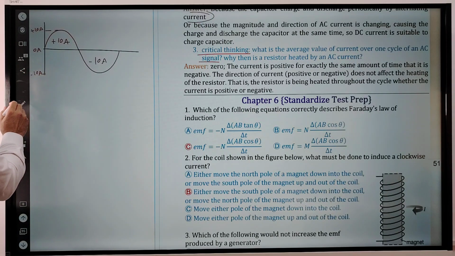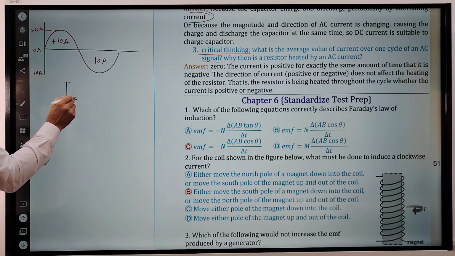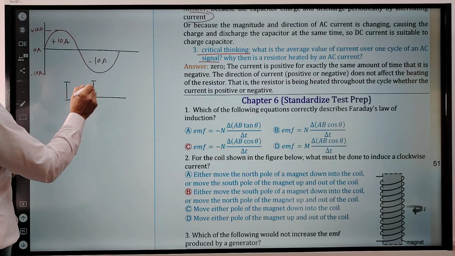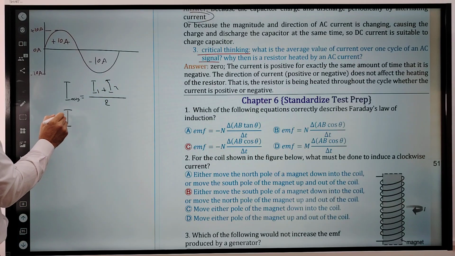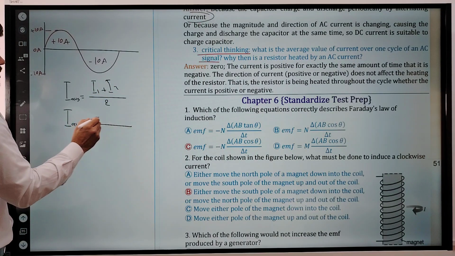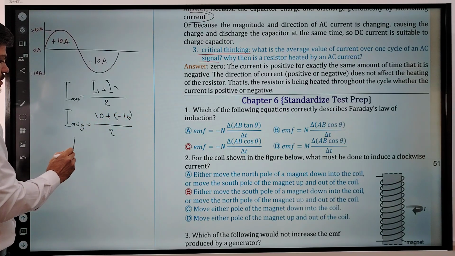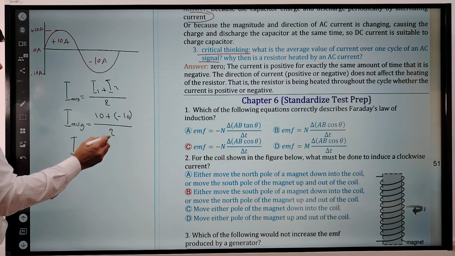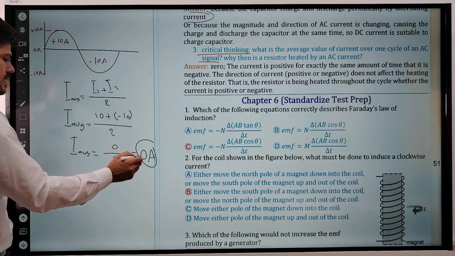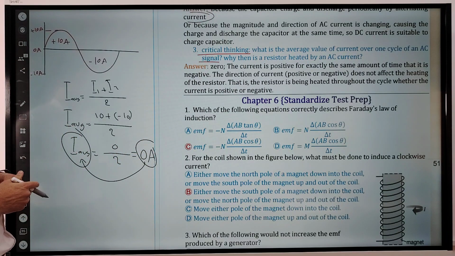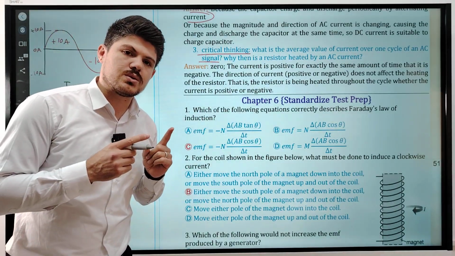To find the value of the average current, I average is equal to I1 plus I2 divided by 2, is equal to 10 plus minus 10 divided by 2. 10 plus minus 10 is equal to 0, divided by 2, 0 ampere. What is this? This is the value of the average current. The average current over one complete cycle is equal to 0.